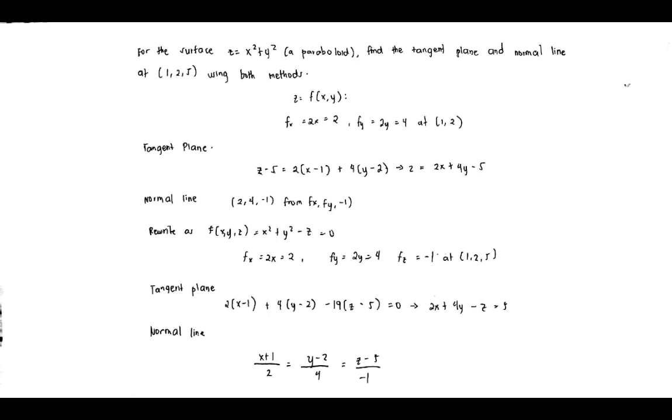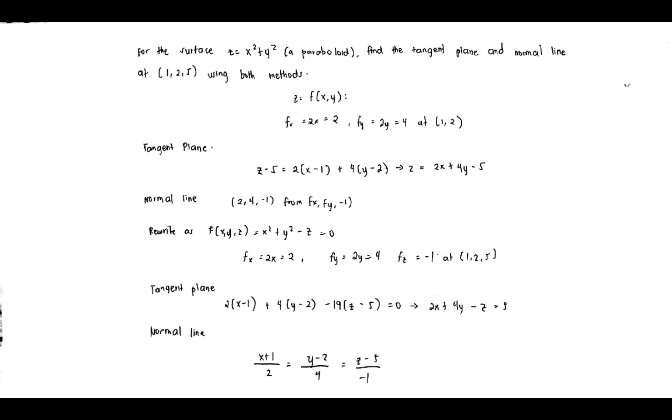So our tangent plane for the special case is z minus 5 equals 2 times (x minus 1) plus 4 times (y minus 2), and solving for z, it equals 2x plus 4y minus 5. So the normal line direction vector is (2, 4, -1), from f_x, f_y, and negative 1.